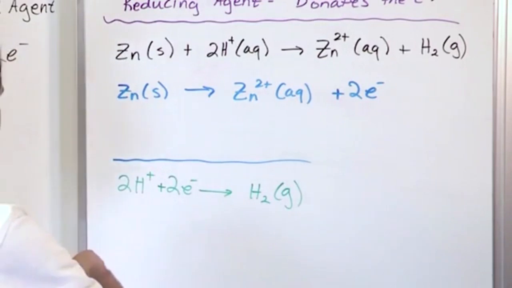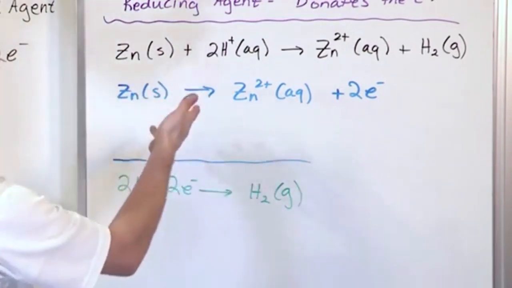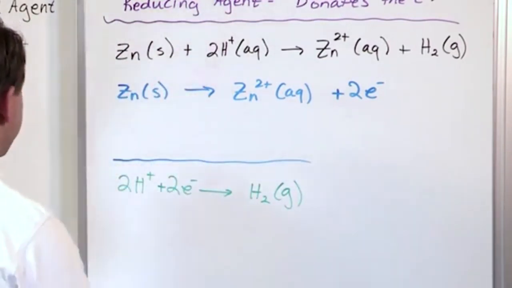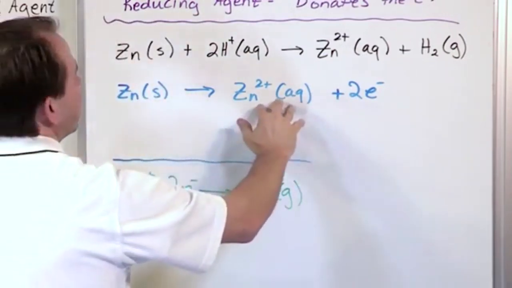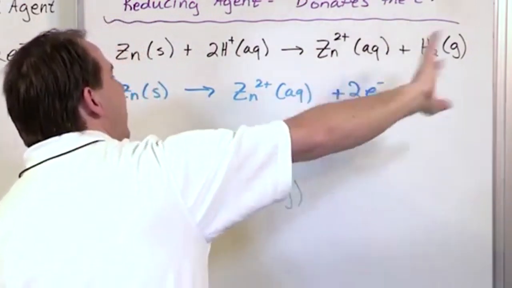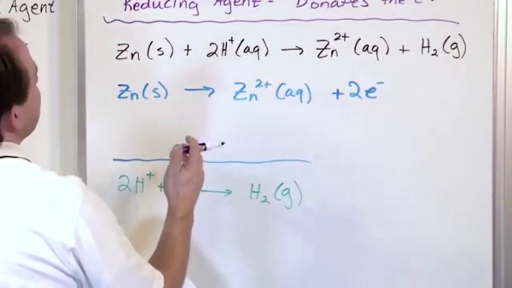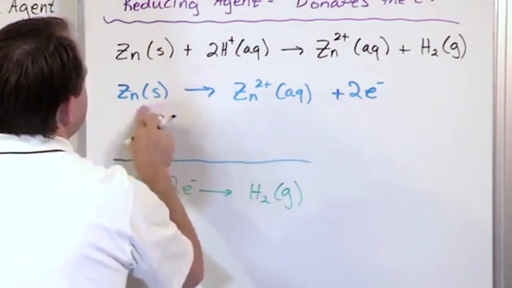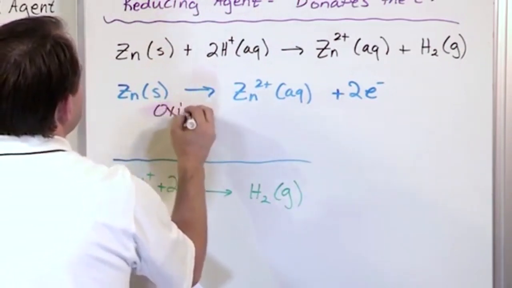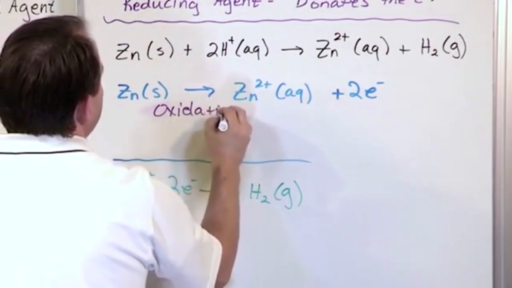So the question then remains, which one of these is the oxidation process and which one of these is the reduction process? So let's go look at this. We have zinc changing into an ion and liberating, expelling some electrons. So it's losing electrons. So using our definition, this is an oxidation process. So let me just write it as oxidation process.